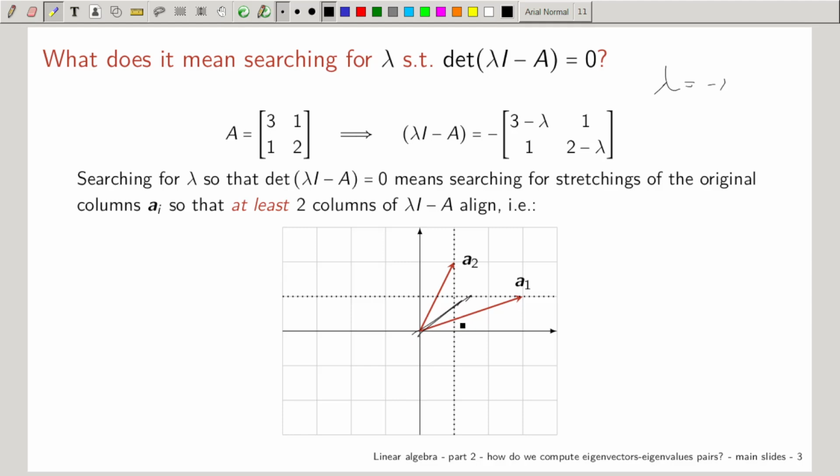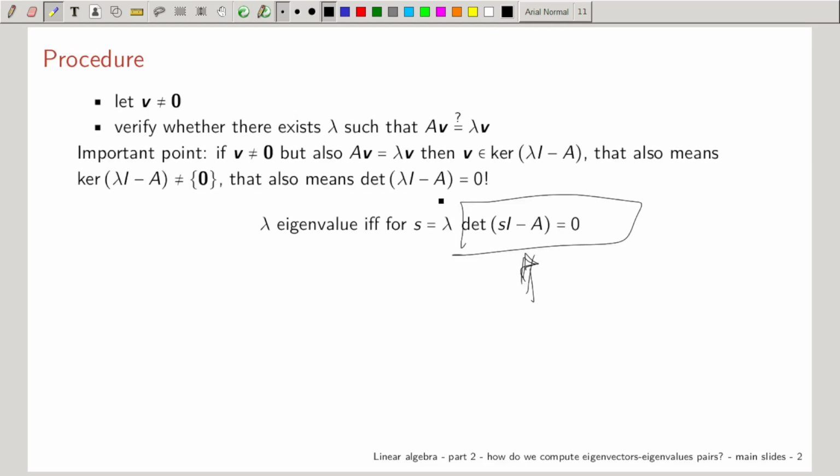Do you see that I get a specific lambda for which I get that? There, the determinant of this object is equal to 0. That means this is valid. Together?